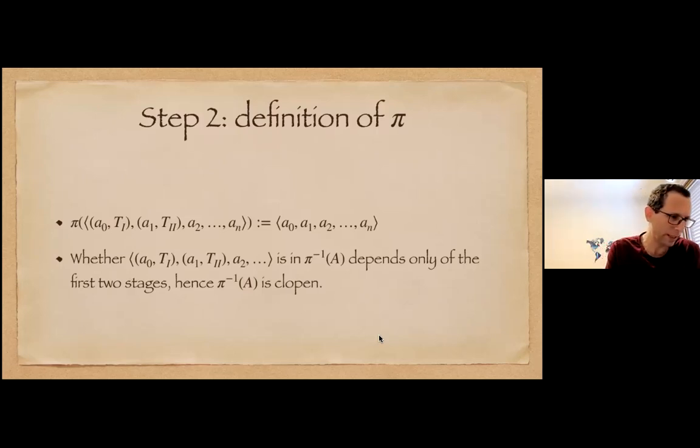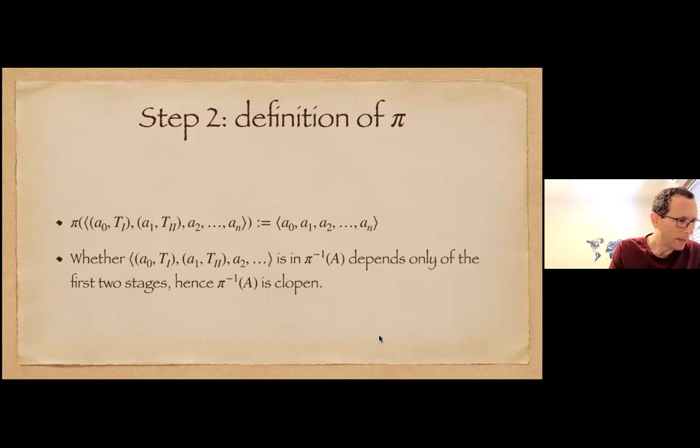And you have a play in T, and you have a position in T. This is how pi is defined. As you can see, it preserves the length and it is monotonic and everything is okay.